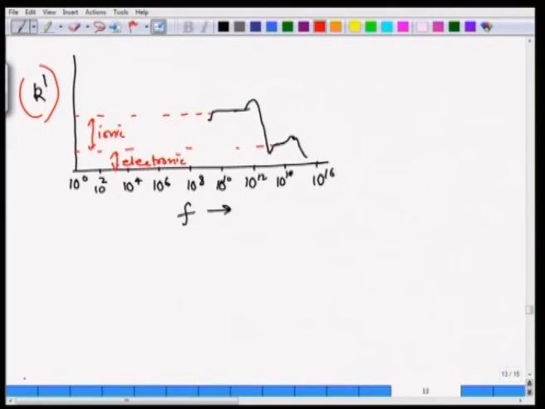Then if I go further somewhere here, the dipolar polarization operates, and then finally the space charge polarization, which is something like this.